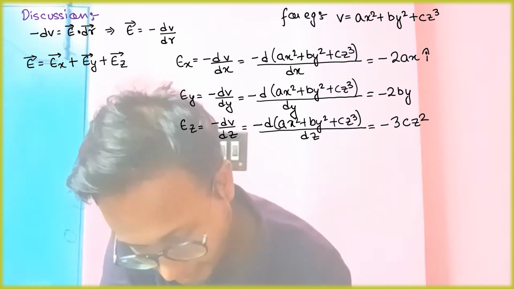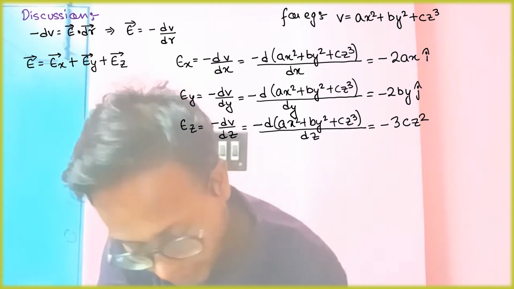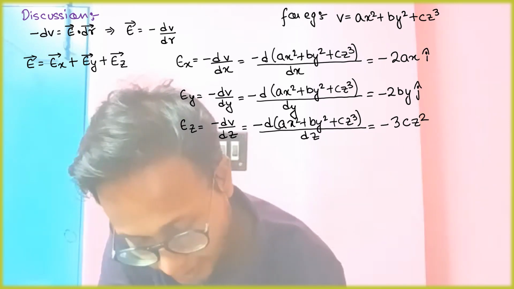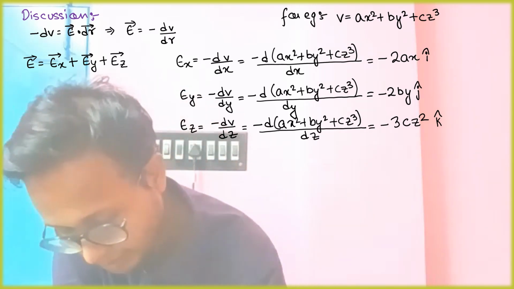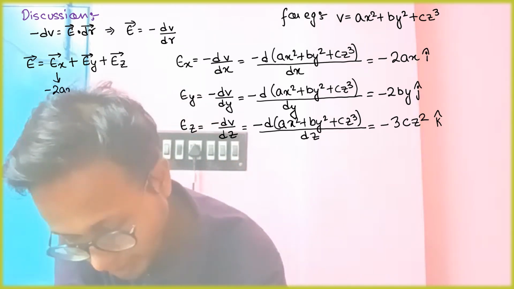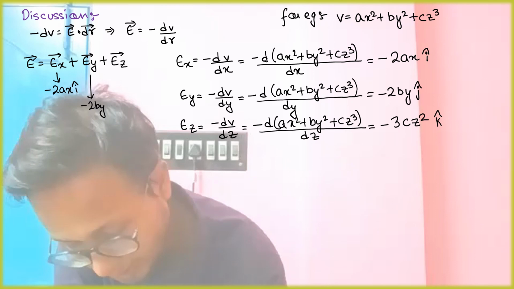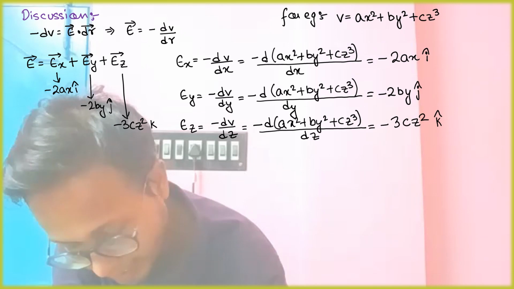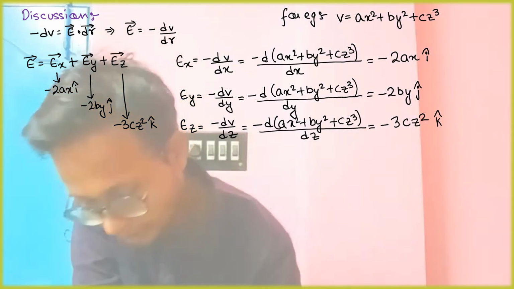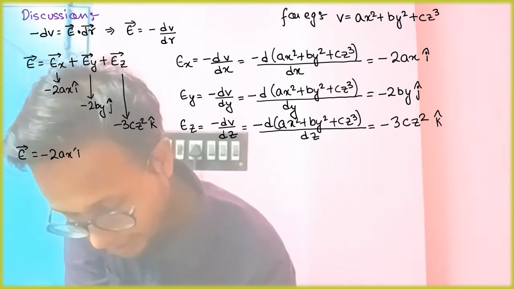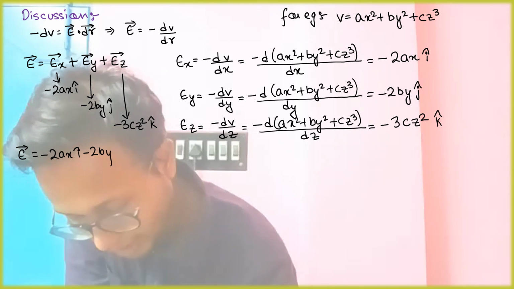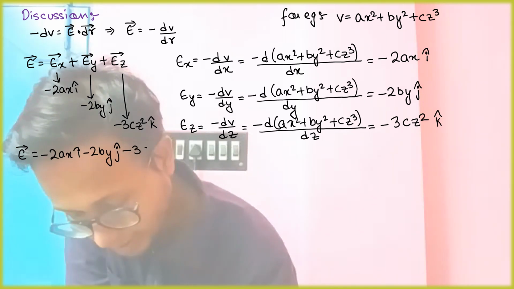Similarly, the y component of electric field is given by minus 2by j cap, and the z component of electric field is given by minus 3cz² k cap. So Ex is nothing but minus 2ax i cap, Ey is nothing but minus 2by j cap, and Ez is nothing but minus 3cz² k cap, isn't it? So electric field is nothing but minus 2ax i minus 2by j minus 3cz² k.